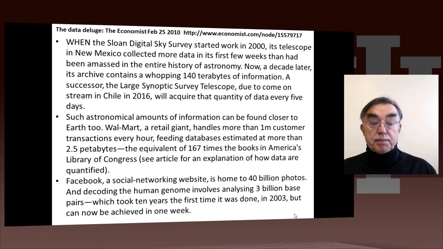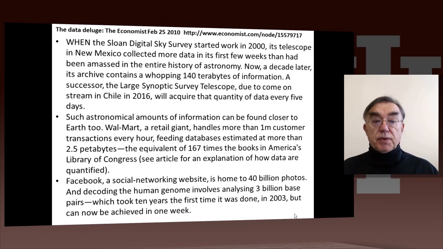And it points out that even in 2010, and this is surely much larger now, Facebook had 40 billion photos. Another example is the human genome. It took 10 years to analyze the genome the first time it was done in 2003, but now it can be achieved in 1 week. And soon it will be achievable in hours or days.